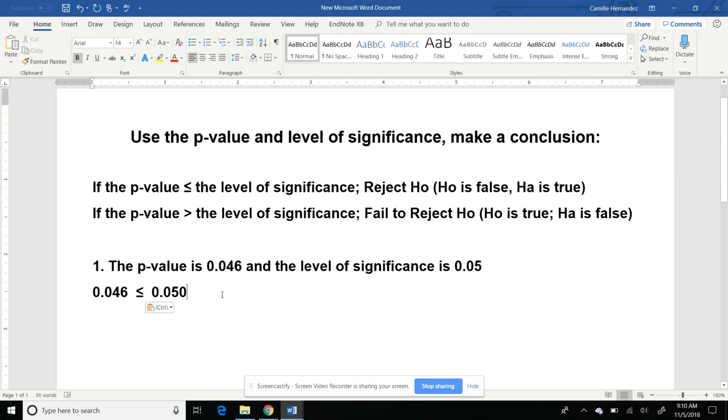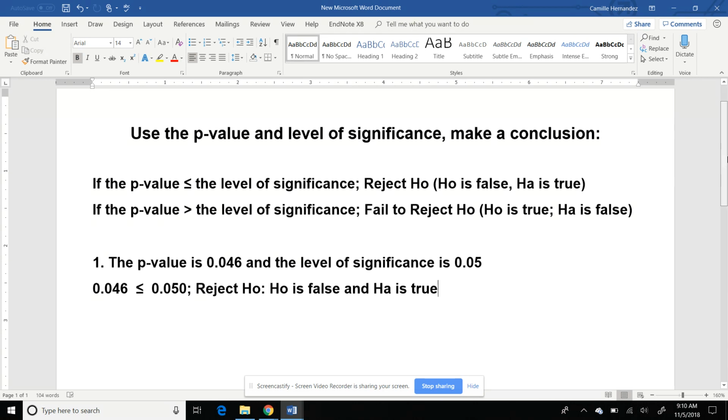This makes this a true statement. So 0.046 is less than or equal to 0.050. That means I reject my null. And then that means what? H0 is false and HA is true. Okay? That's all that means. You don't have to do anything else to it.